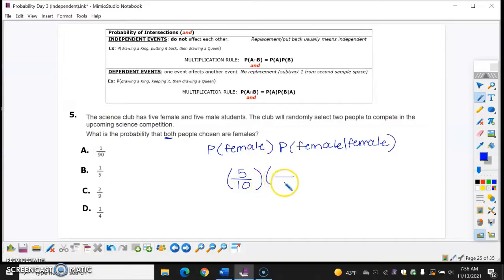So next they are only going to choose from 9 people. And after you've chosen this one female, let's figure out what the numerator would be. How many females out of those 9 would there be to choose from? So if they chose one of these 5, then there would be 4 out of 9. Okay, what do you get for that probability? If you multiply that and reduce it, that will give you answer C.